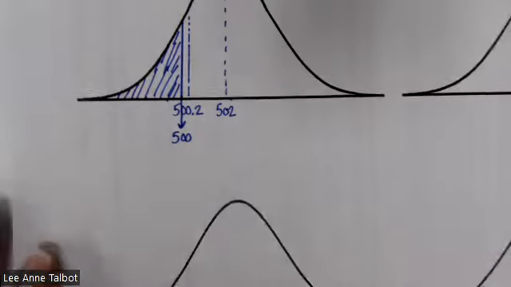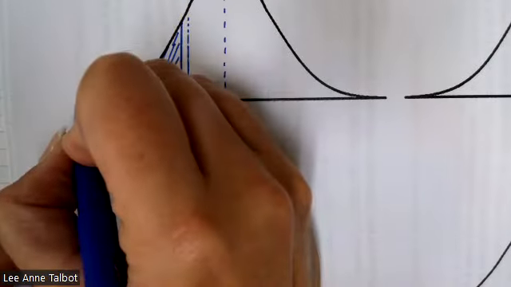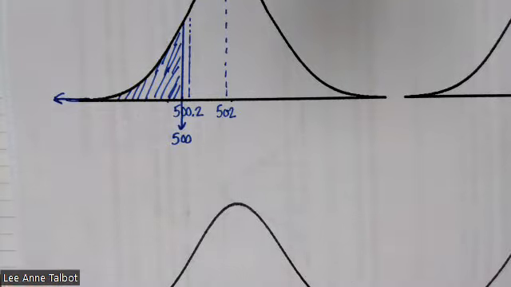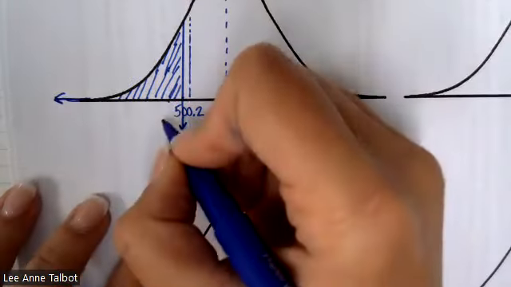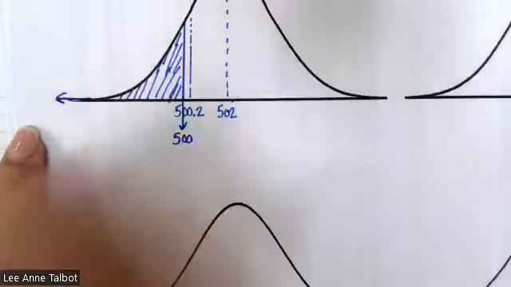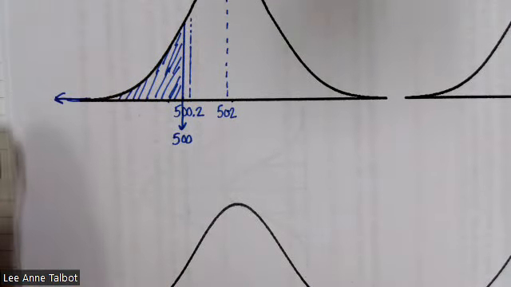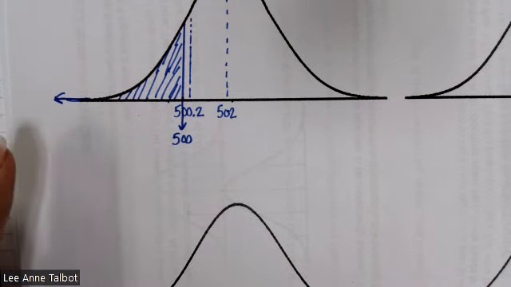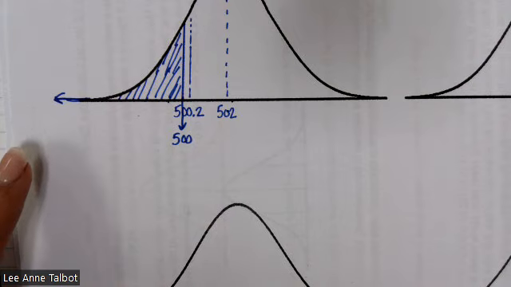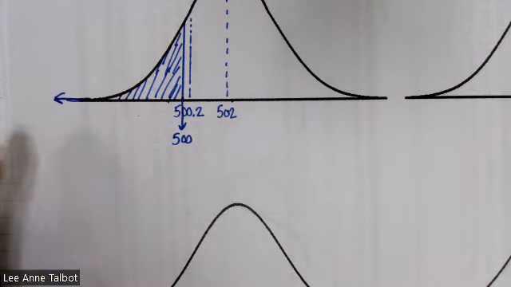Okay, now this curve, you need to know that it goes on forever. And so what we're looking for is our low bound to be forever this way. What do we call forever in this direction? Negative infinity.